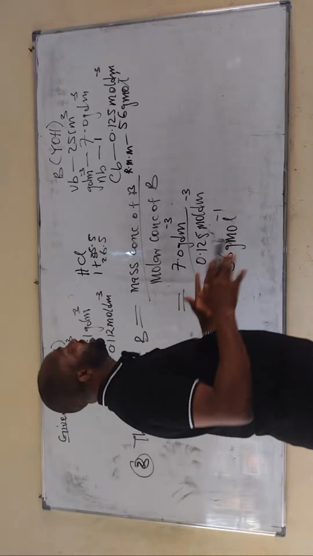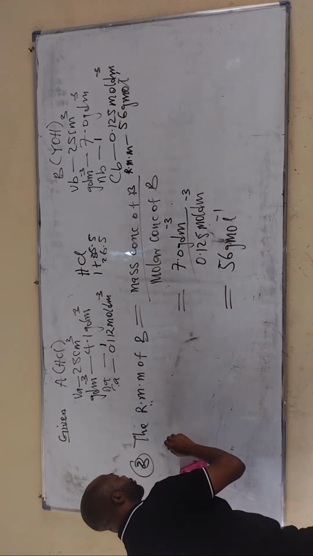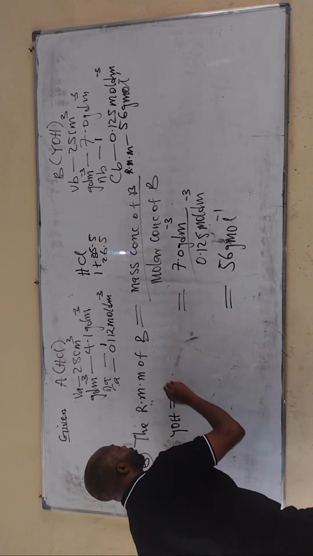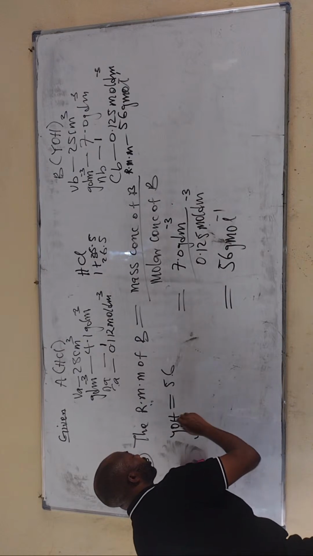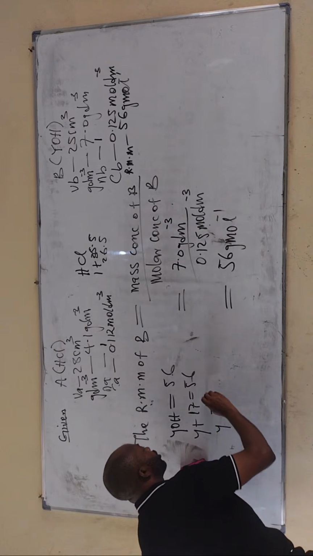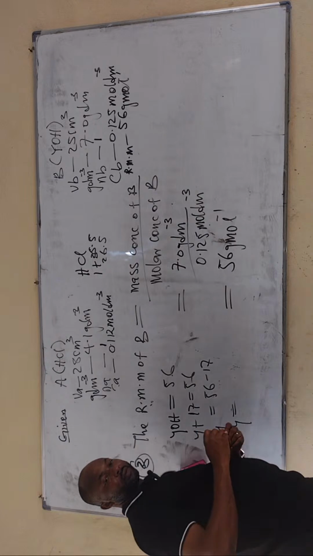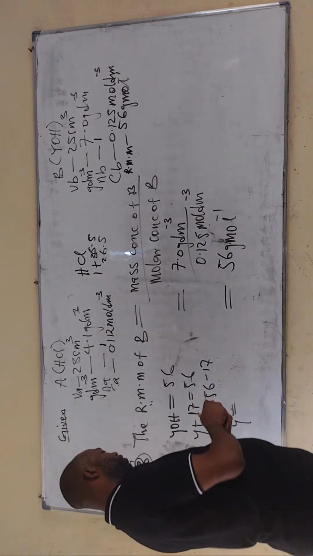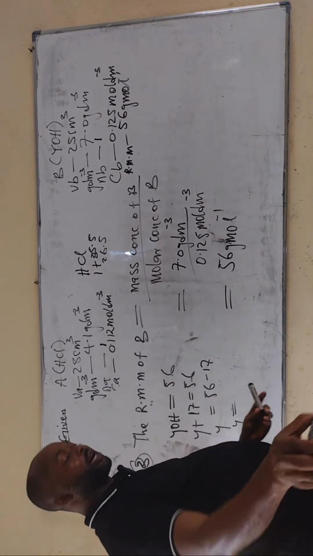So now what is Y from this? I have YOH equal to 56. Y plus 16 plus 1, which is 17, is equal to 56. Y is equal to 56 minus 17, which is 39.